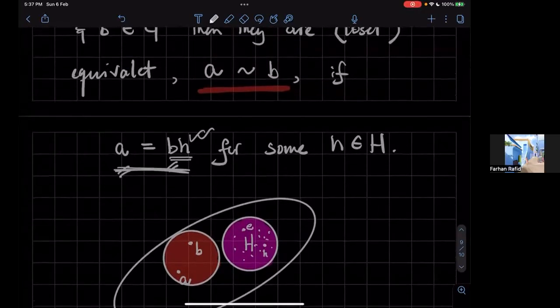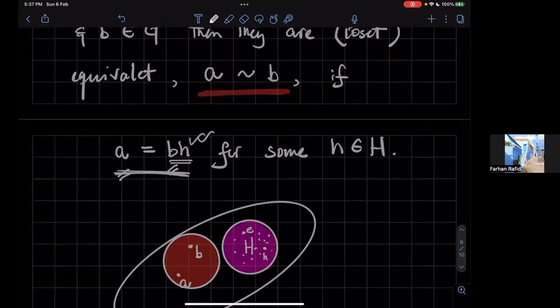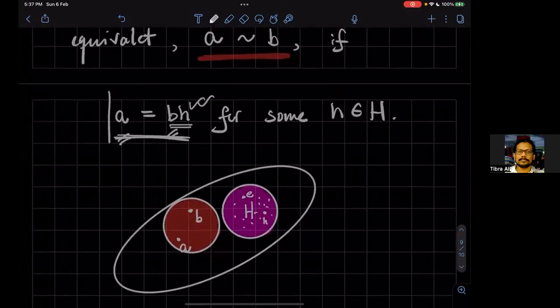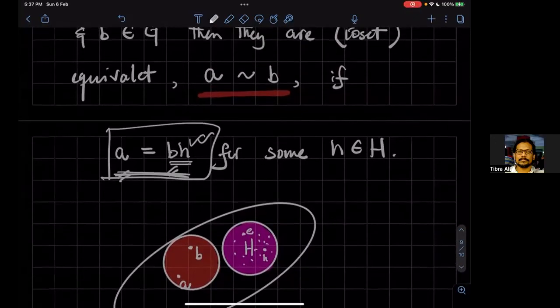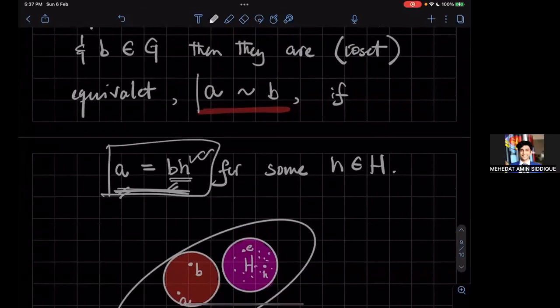So A equivalent to B means they are in the same coset. Exactly. If this equation is satisfied, we say that they are coset equivalent.